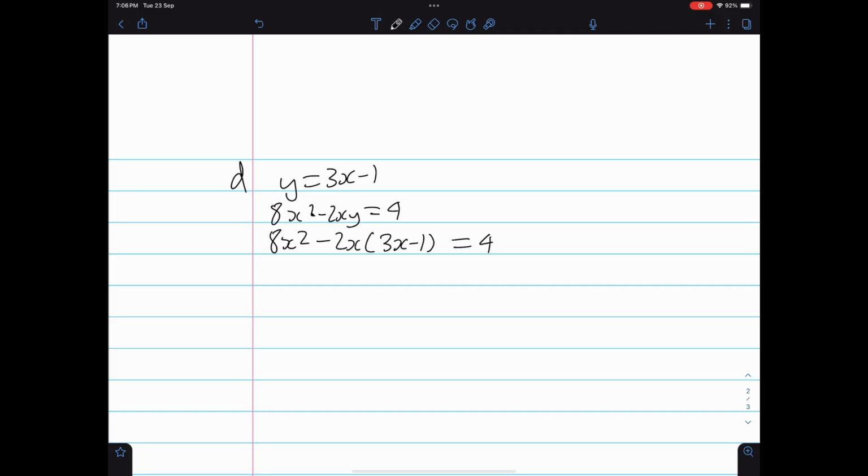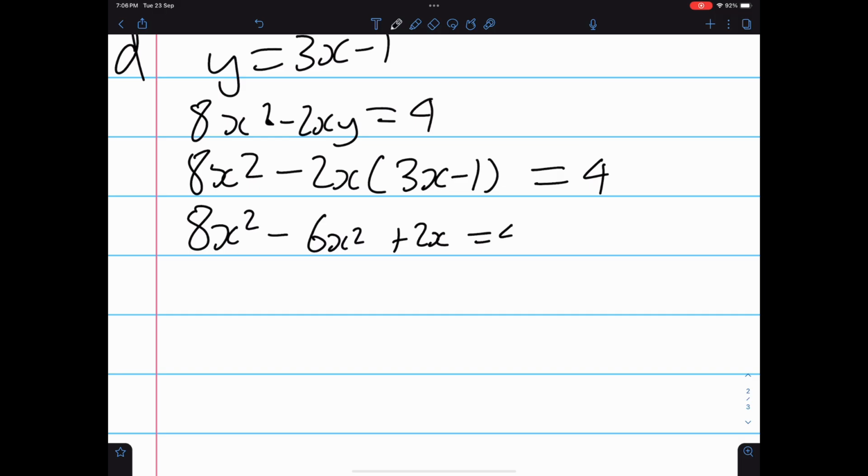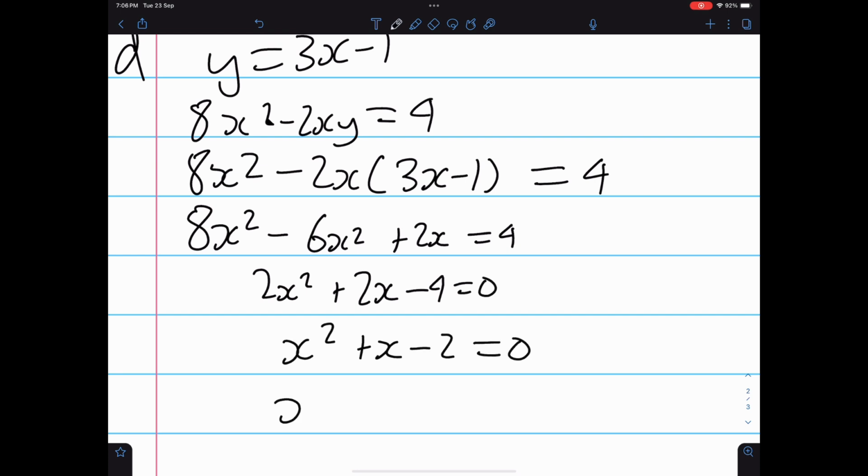And so that's equal to 4. 8x squared minus 6x squared plus 2x equals 4. 2x squared plus 2x minus 4 equals 0. So that just becomes x squared plus x minus 2 equals 0. And that's x plus 2, x minus 2 being equal to 0.